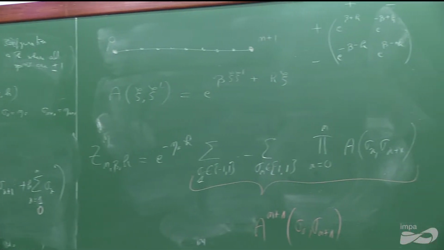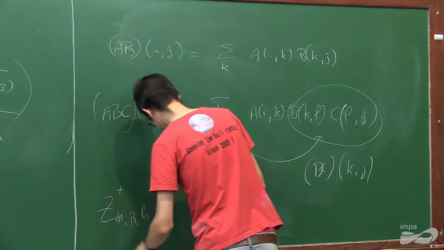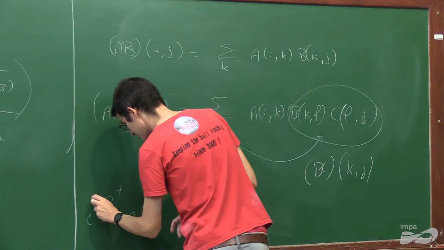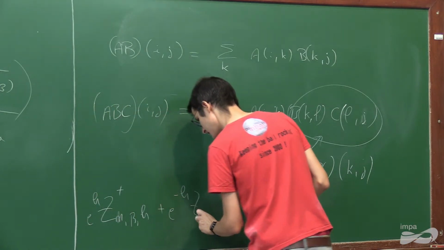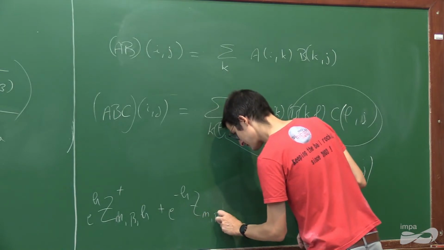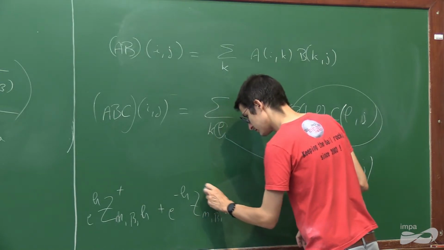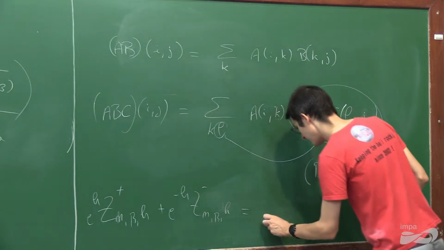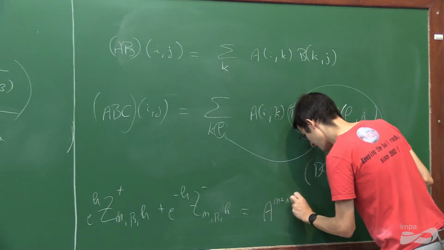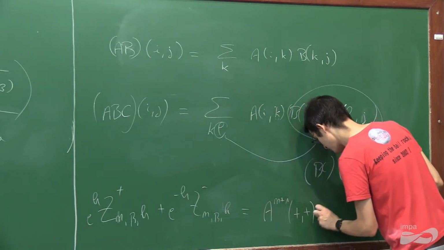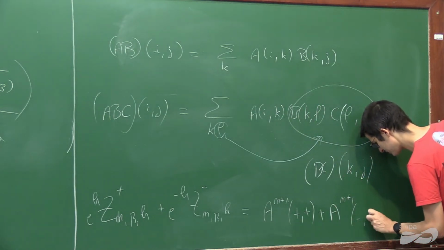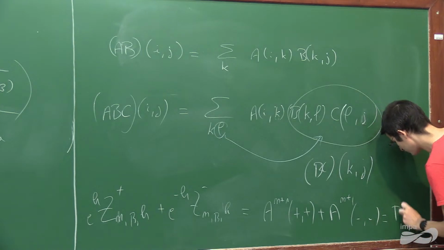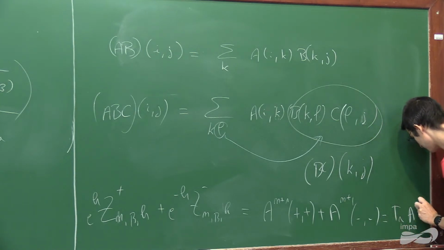So what I have is that exponential h times this plus exponential minus h times this is equal to A n plus 1 plus plus A n plus 1 minus minus. So it's just the trace of A to the n plus 1.